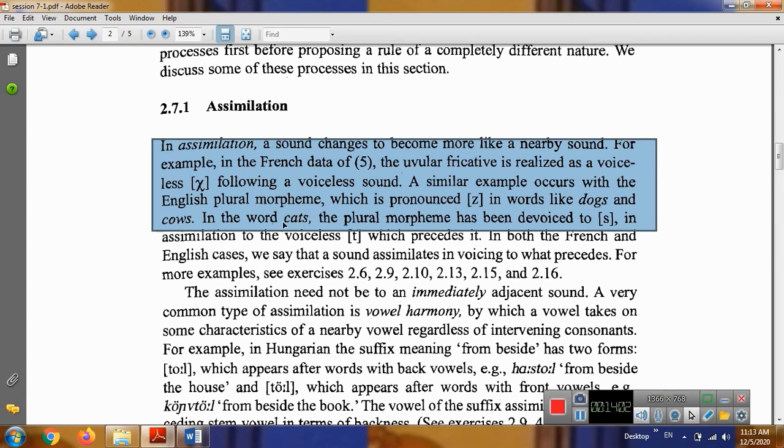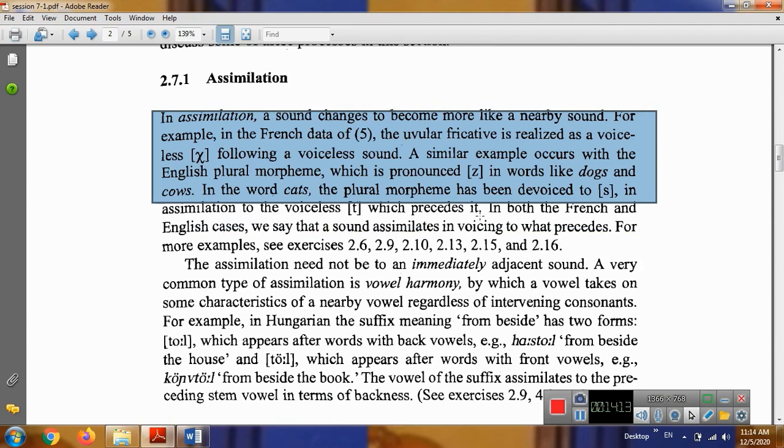In other words, cats. The plural morpheme has been devoiced to s, because t is voiceless, in assimilation to the voiceless t which precedes it. Okay, in assimilation a sound changes and wants to become similar to its nearby sounds, like the plural morpheme in English.